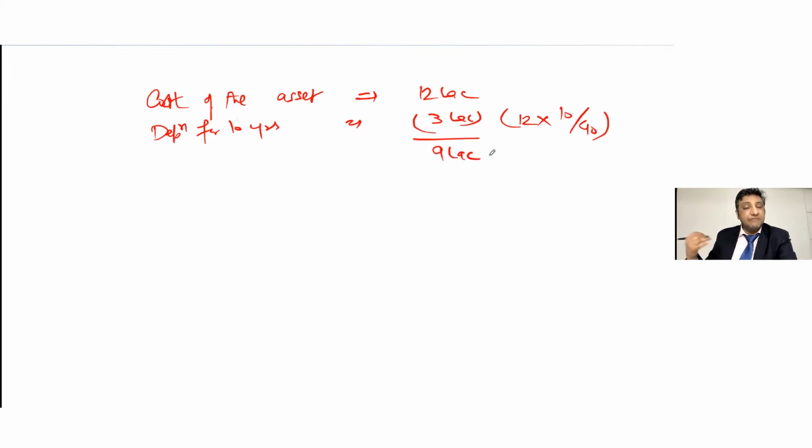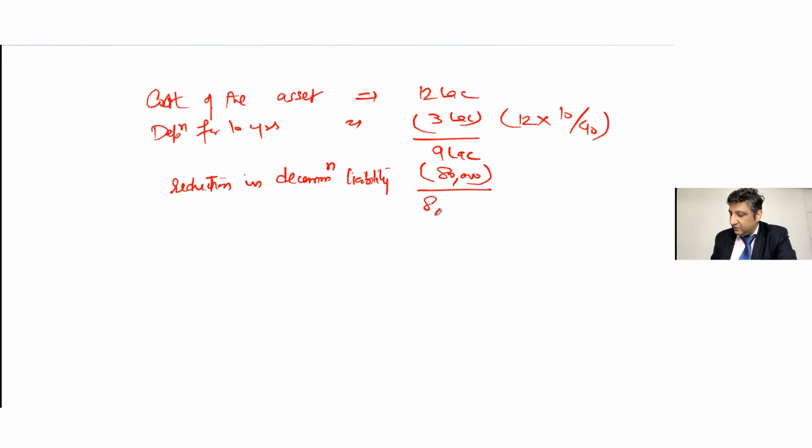This is the carrying value of the asset after depreciation, as on 31st of March 2021. But also there's a reduction in decommissioning liability, which is 80,000.